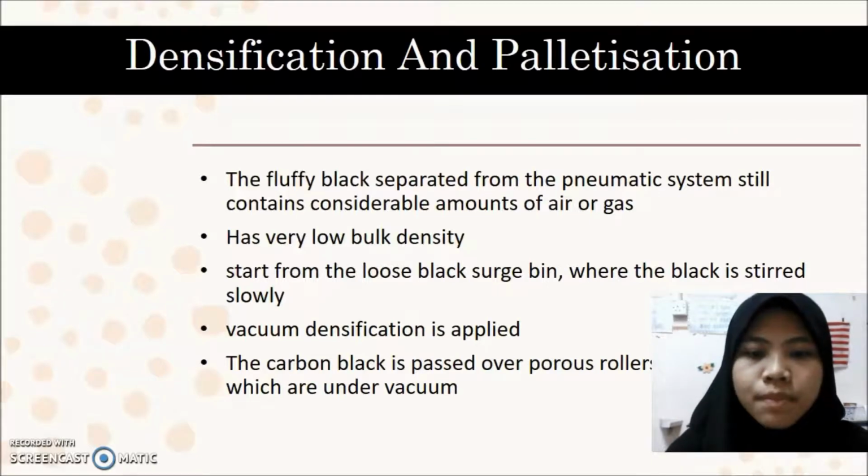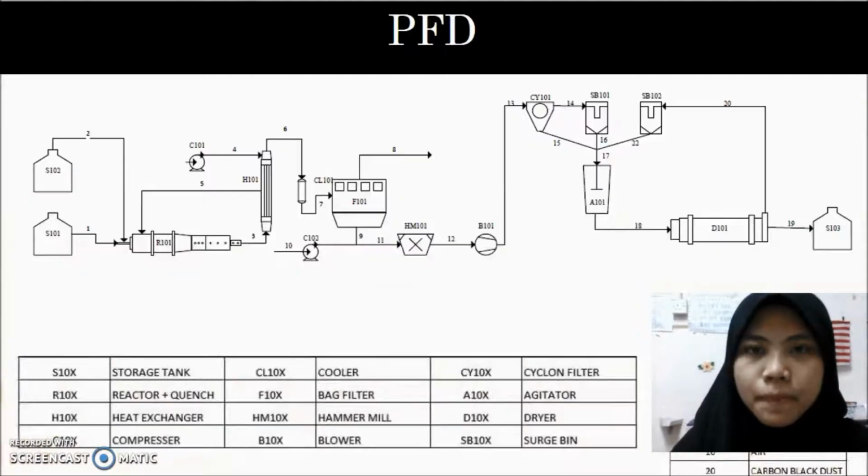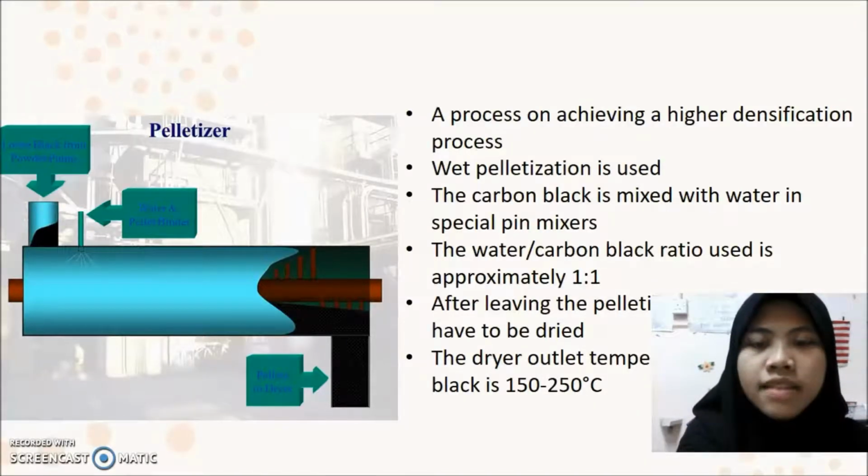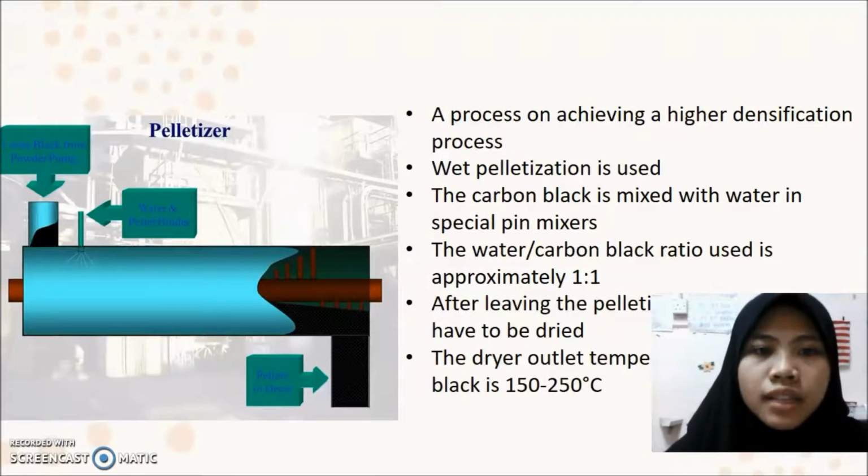The carbon black is passed over porous rollers, the inside of which is under vacuum. To increase the efficiency, the carbon black is gently pressed against the vacuum roller by means of a second roller. The next process after densification is pelletization, to achieve a higher densification.